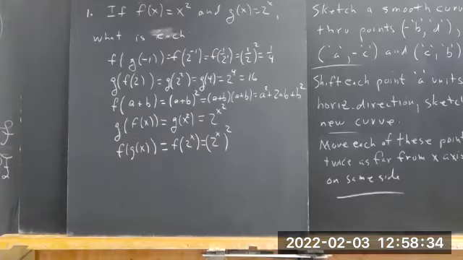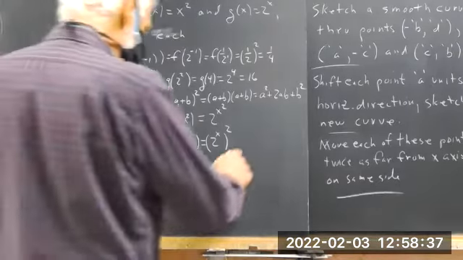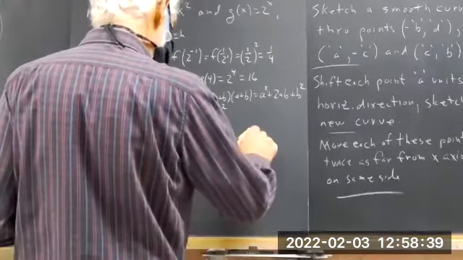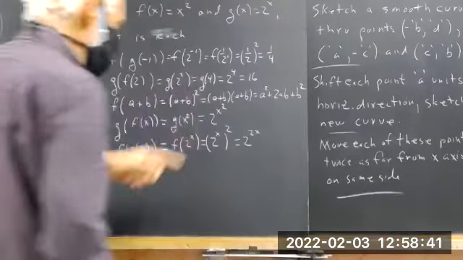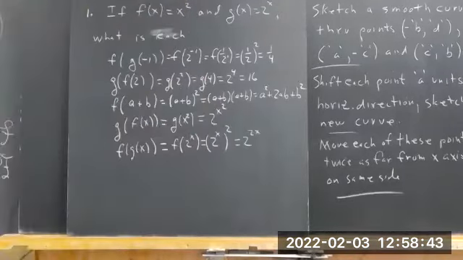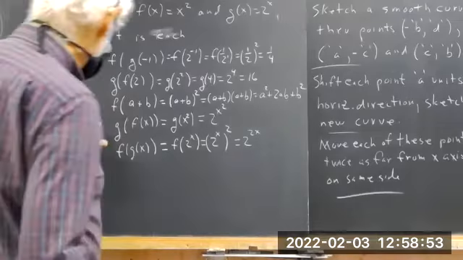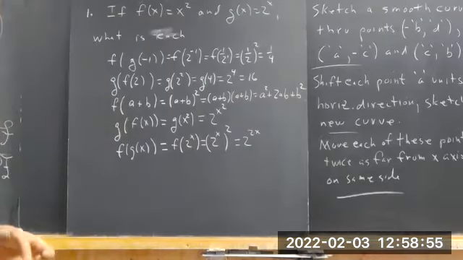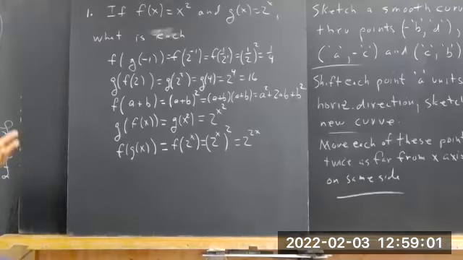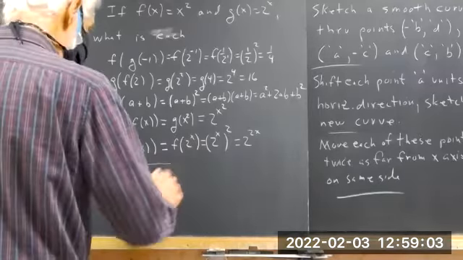By the laws of exponents, that's 2 raised to the 2x, not 2 to the x squared, because when you take a power of a power, you multiply the powers. So you really have to know those rules. Otherwise, you're going to mess things up at some point, probably several points.